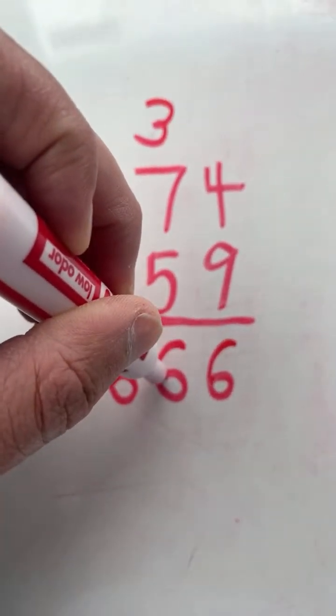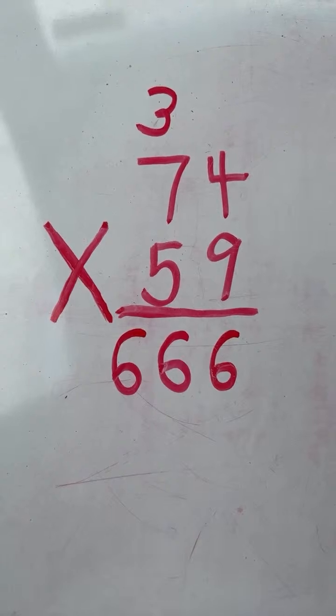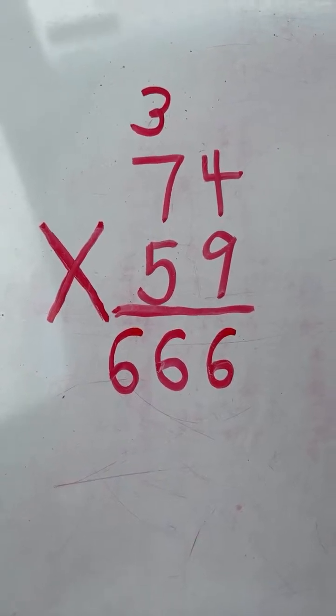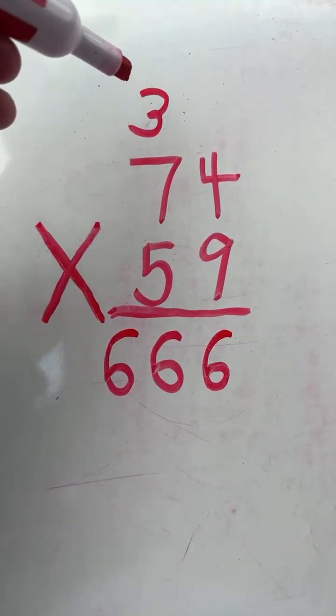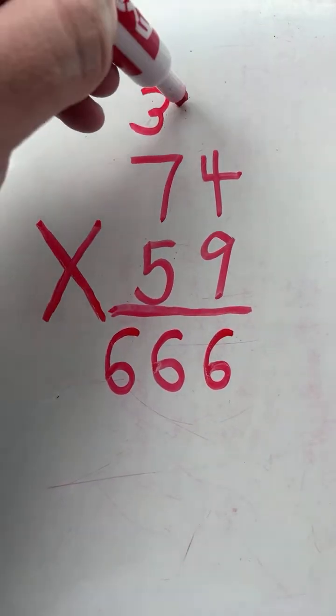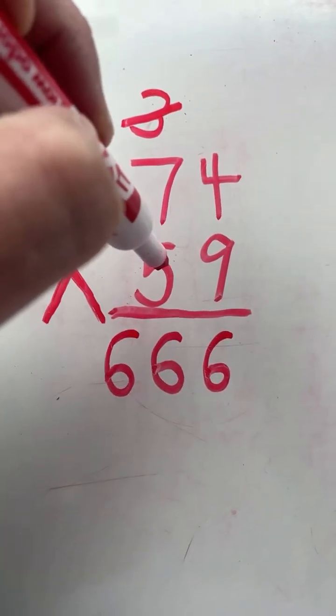So far we have multiplied 74 times 9. Now we have to multiply the top 2 digits times the bottom digit in the tens place.